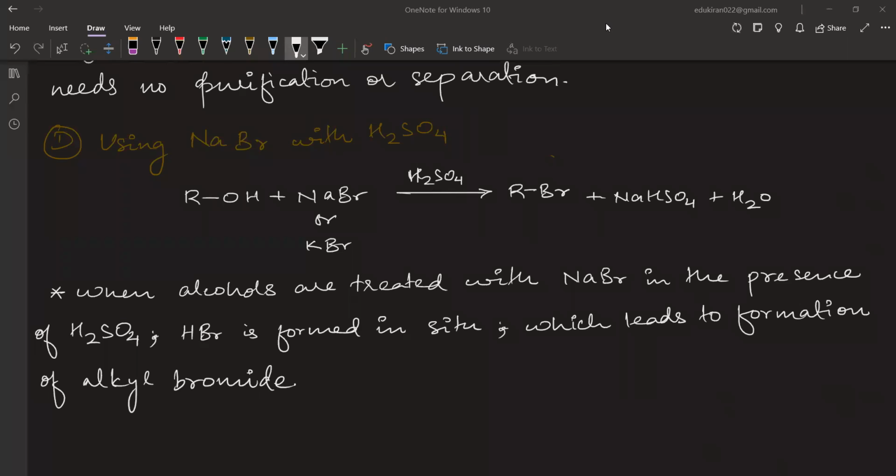Sir, can you read out the second last line? HBr is formed in situ. Sir, what is it? I explained it. Tell me, what is this? Remember, we just explained.